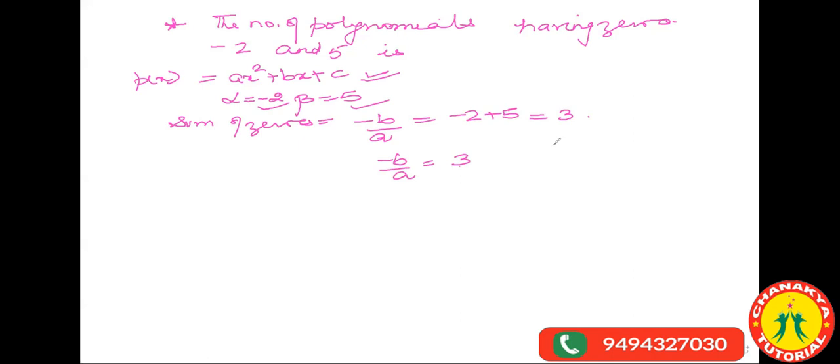So one thing can be like this: you can assume the value of a is 1 and the value of b will be minus 3. In this way only you will get this 3. Clear? Now the second thing is the product of the zeros.